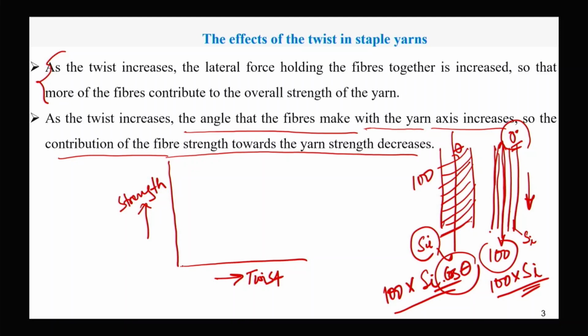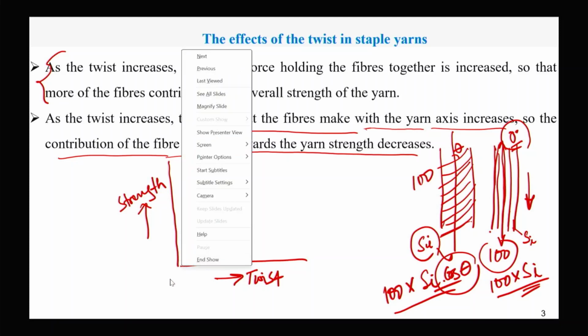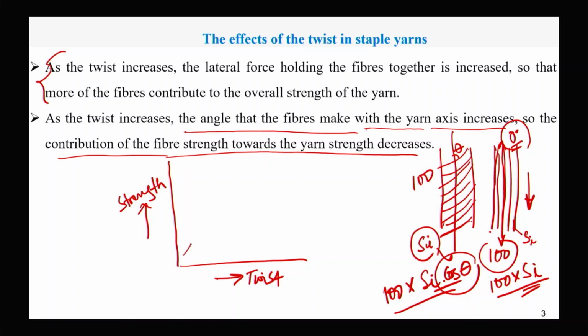The frictional force increases, so this is increasing. But after a certain point, there will be no further increase in the strength with the increase in twist, because it has reached its optimum point where fiber sliding is not possible, completely locked.